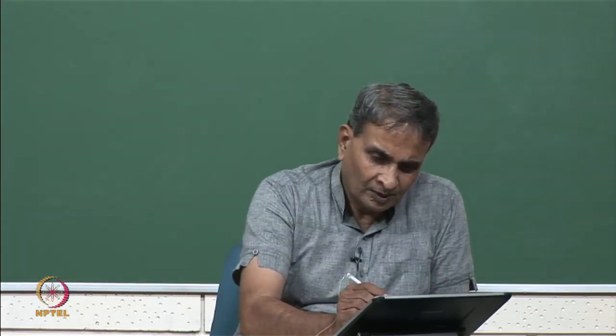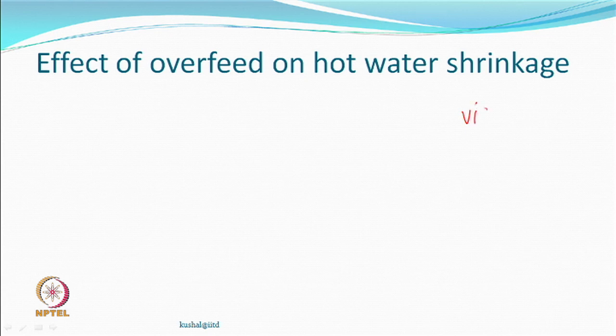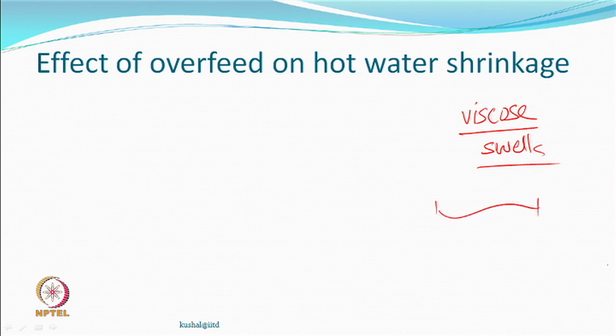Just to take the discussion a little further, when, let us say, a hydrophilic fiber, let us say viscose, swells, and let us say this is a staple fiber, what happens to its dimensions if you put it in water?